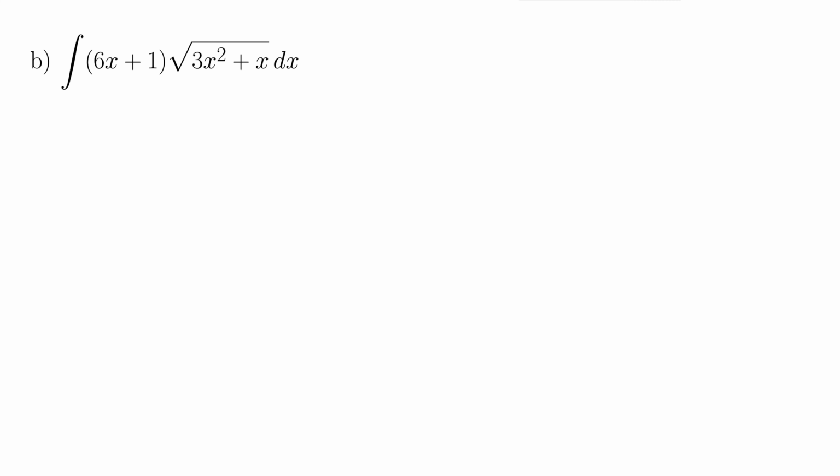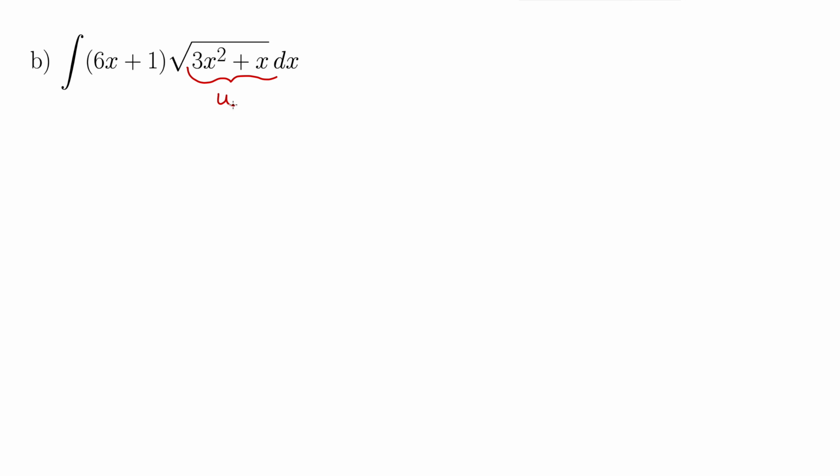Here we have the integral of the quantity 6x plus 1 times square root of the quantity 3x squared plus x dx. And again, we're looking for a u and a u prime inside the same integral. Oftentimes the u is inside of a function somehow. Maybe you see it. How about 3x squared plus x?